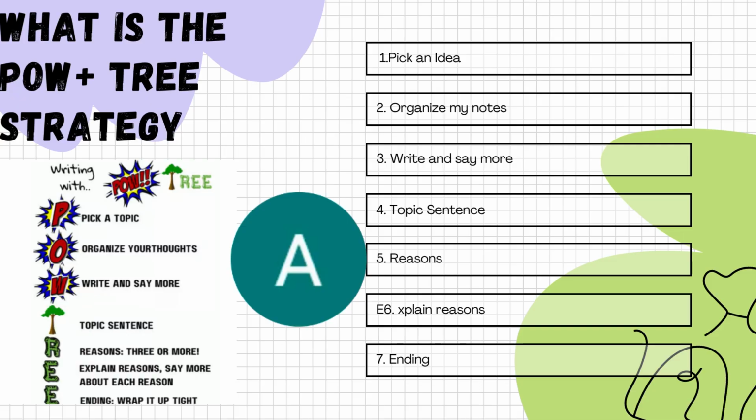Topic sentence will clearly state their opinion. Reasons, give at least three strong reasons. Explain reasons, so this is where the student is going to be adding their supporting details. And then ending, wrap it up with a strong conclusion.